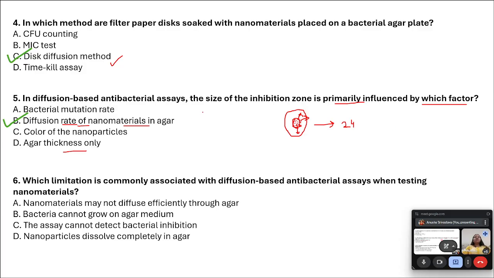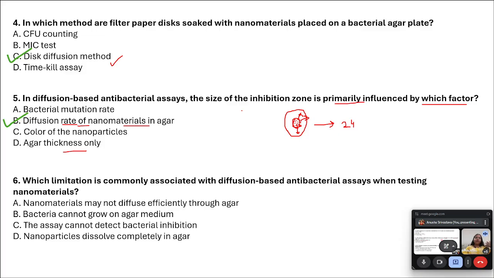This is one of the limitations of the disc diffusion method, or the agar diffusion method, that we have just discussed. This is why CFU-based methods or MIC-based methods are preferred over the classical disc diffusion or agar diffusion method. But still, you can do both.